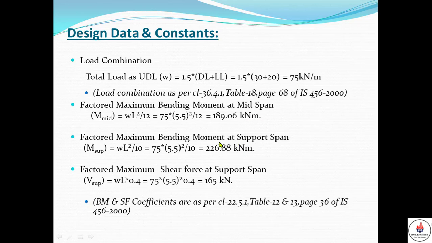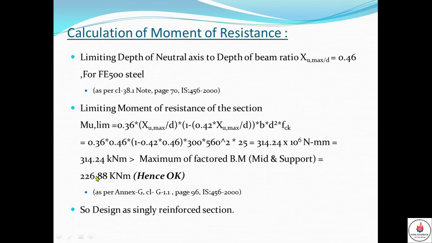Between these, the factored bending moment at support, 226.88, is less than 314.24 kilonewton meter, so we can say that this is an under reinforced section. We can design this beam as a singly reinforced section, which is our goal. We can find this Mu lim formula in Annex G, clause G 1.1, page number 96, IS 456-2000.